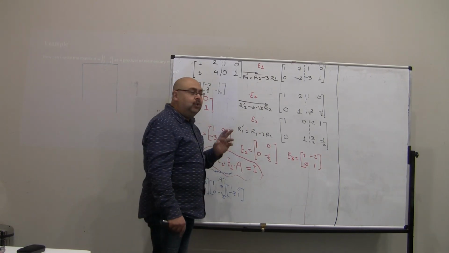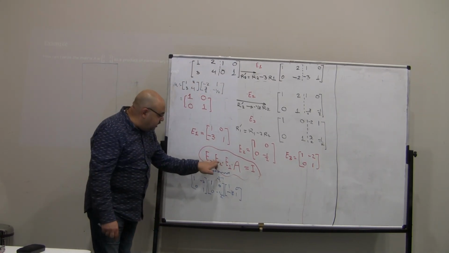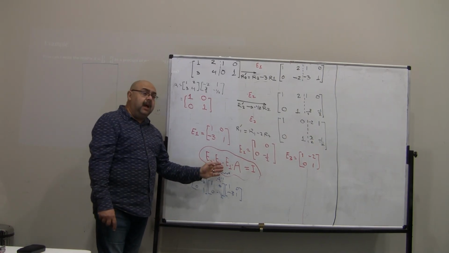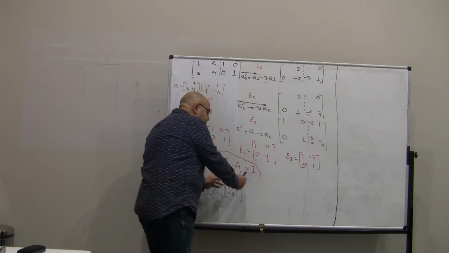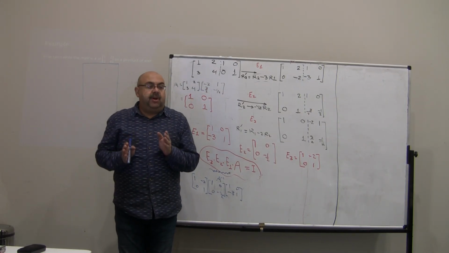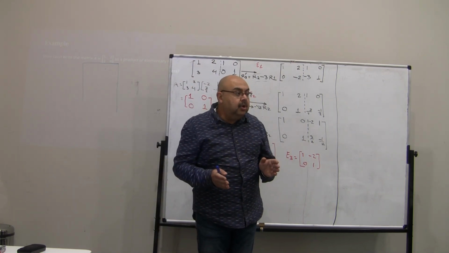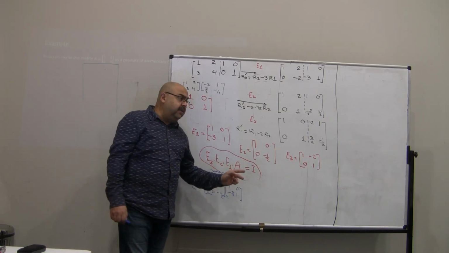Okay? But this is not all. At this step, E3 times E2 times E1 times A. How to get A as a product of elementary matrices? Further, I will move all of these matrices to the other side. How to move something multiplied from the right hand side to the left hand side? By the inverse. So I'm going to get the inverse of these matrices into the other side.